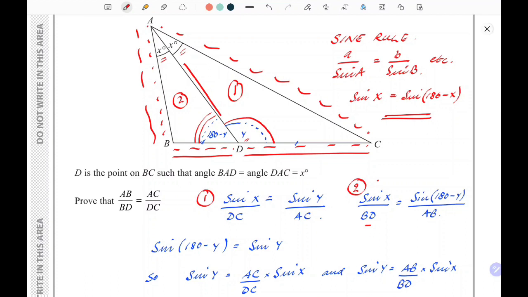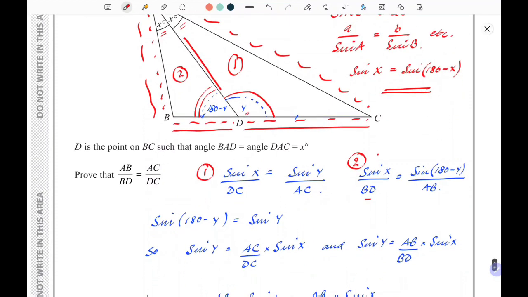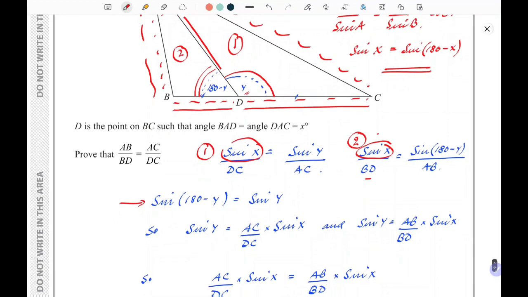And so we have these two statements. Now, in each case, we have a sine x, like that. And we're using the rule, as stated earlier, that sine of 180 minus y equals the same as sine y, all right? And it's just a stated rule, and you need to know that.